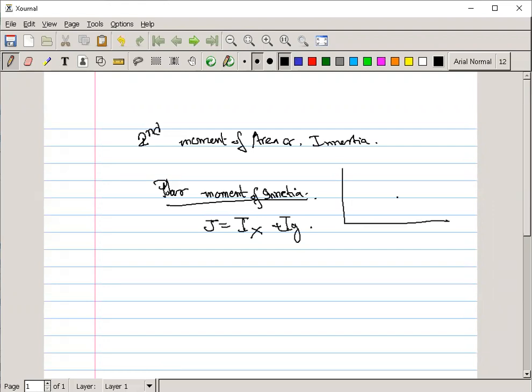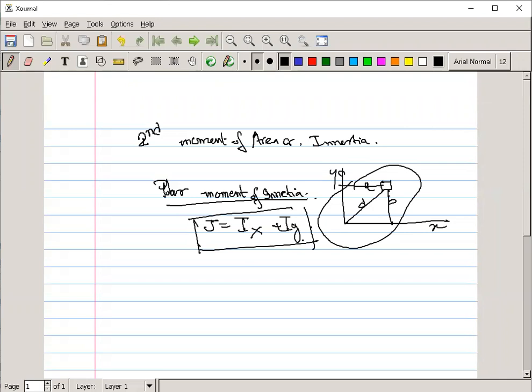This I have shown: if a body is there and this is a small elementary area, and this distance is d, and we consider a and b, for example, along the x-axis and the y-axis, then we found that J is nothing but the summation of two moments of area, right?